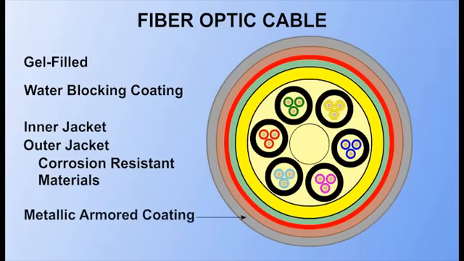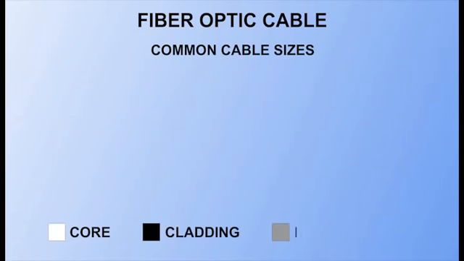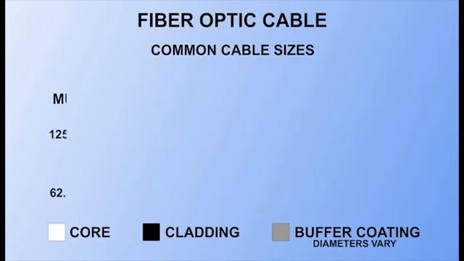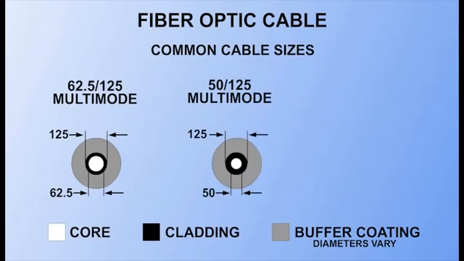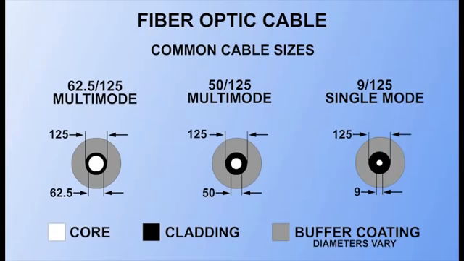Some cables also have a metallic armored coating for strength and to protect against rodents. Fiber specifications list the core and cladding diameters as a ratio. Multi-mode fiber is usually either 62.5 by 125 microns or 50 by 125 microns. Single-mode fiber is commonly 9 by 125 microns.